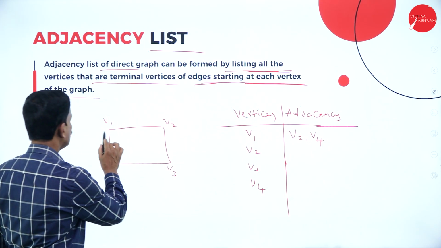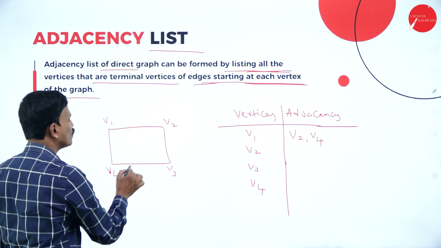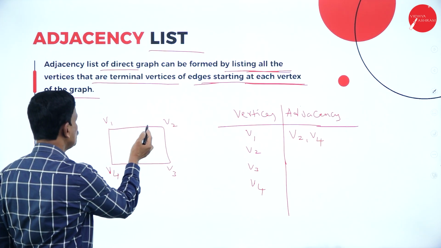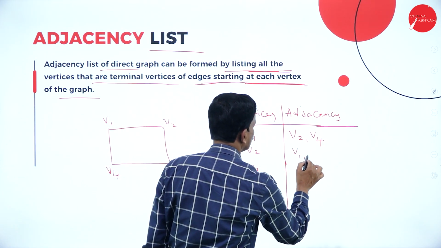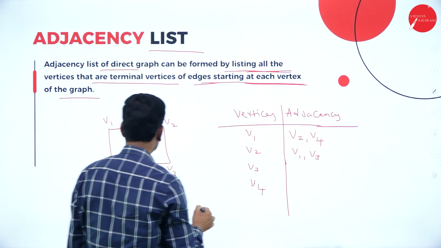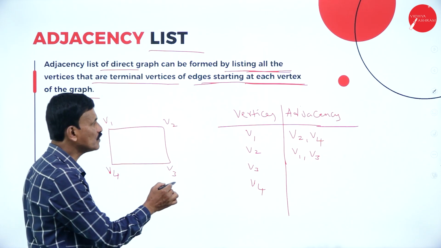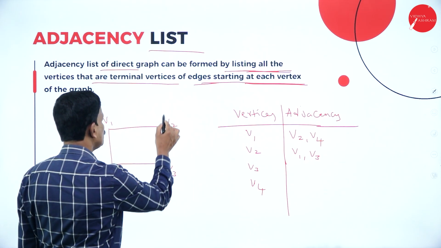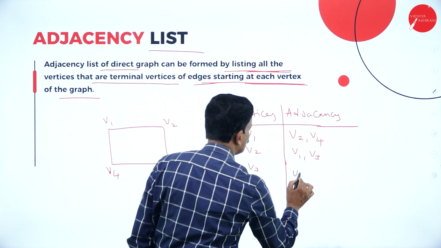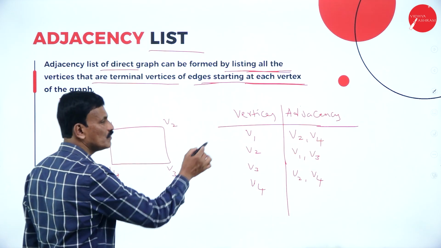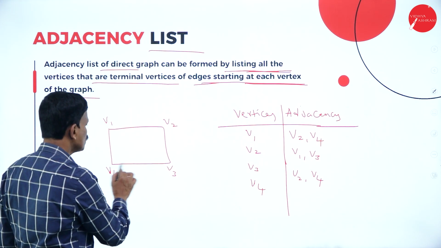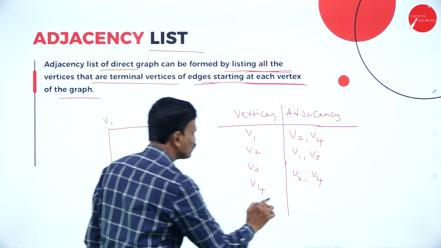Adjacency for V2: V2 terminates at V1 and V3, so V1 comma V3. Similarly, the adjacency for vertex V3 is V2 comma V4. Similarly, for the last vertex V4, the adjacency is V3 and V1.